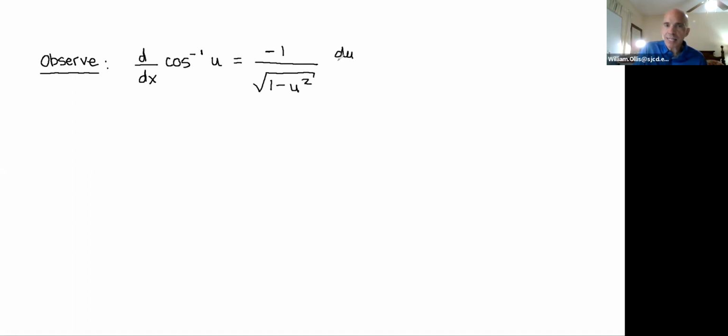So we didn't get lazy here. This is the same for inverse cotangent and inverse cosecant. So I'll just say same for the remaining 2.